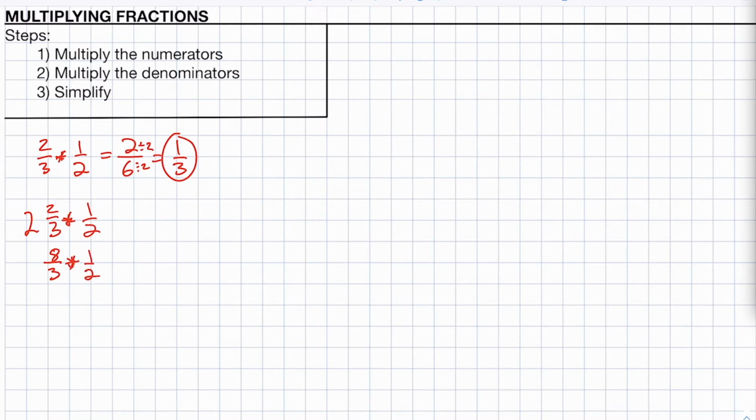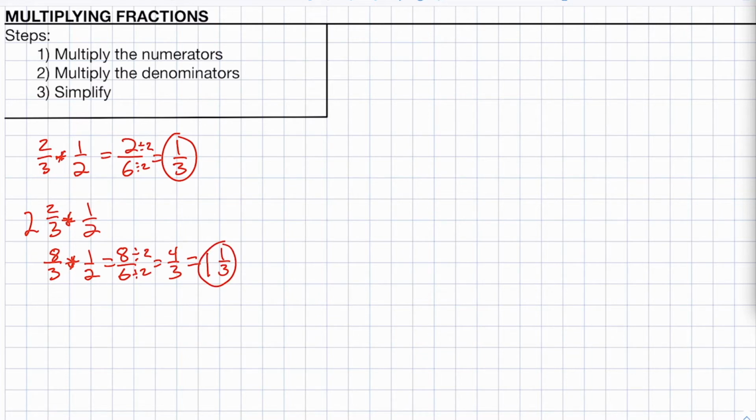And again, I'm just going to multiply the numerator times the numerator and the denominator times the denominator. So 8 times 1 equals 8, 3 times 2 equals 6, and then simplify my answer. So divide by 2, that gives me 4/3. Then it's improper, so I want to make sure I turn it into a mixed number at the end, and so that would equal 1 1/3.